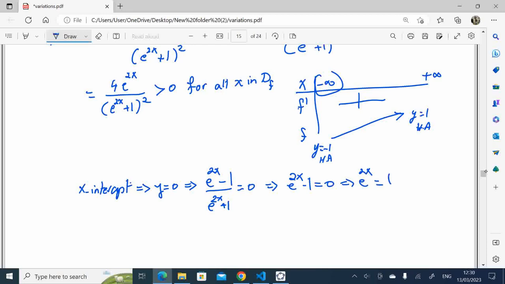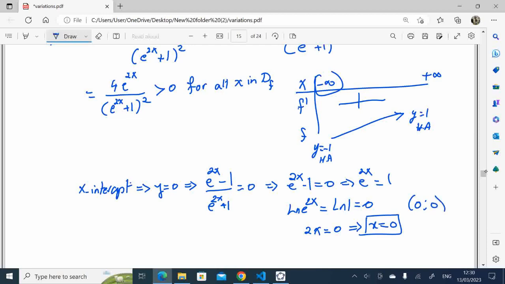Setting ln on both sides, ln e to x equals ln 1, which is 0. So 2x equals 0 means x is 0. So the particular point here is the x-intercept, which is (0, 0).